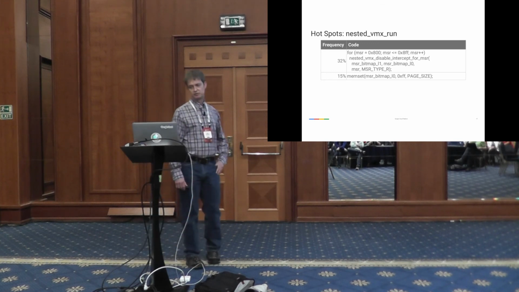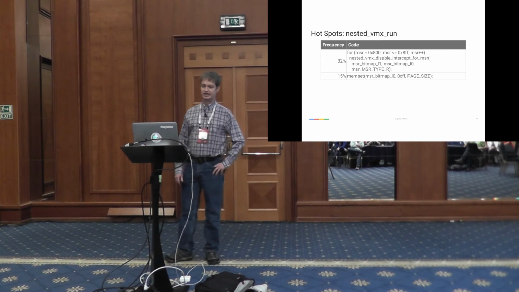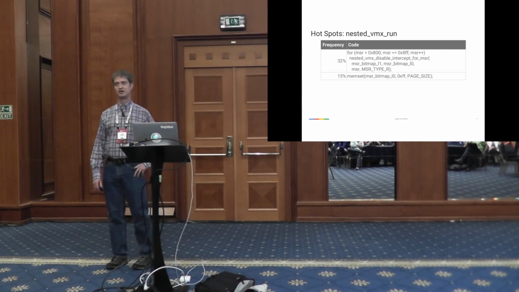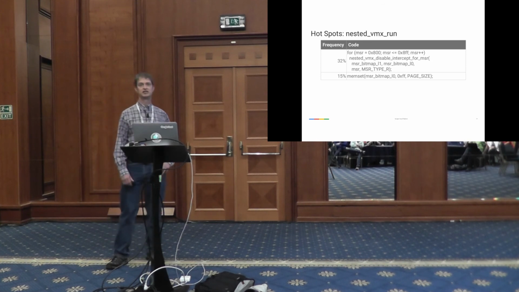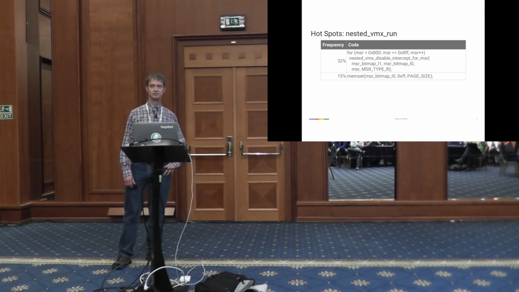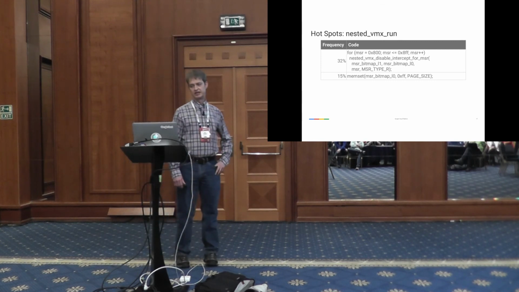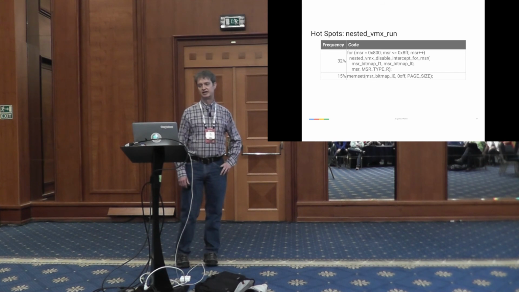But in nested VMX run, the hottest thing in there is the loop that calls nested VMX disable intercept for MSR. And this all has to do with x2 APIC virtualization.